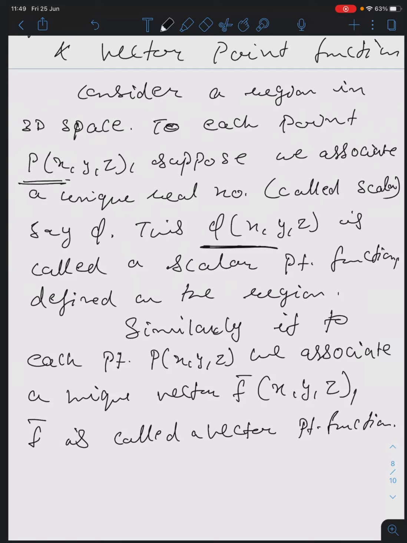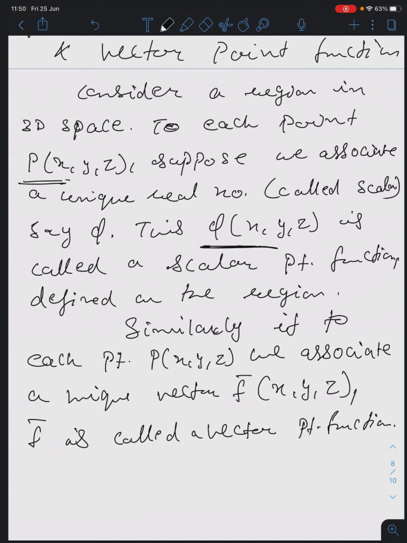In a magnetic field, at any point, there will be a magnetic force, and that is called a magnetic force field. Physics actually. So this is also an example of a vector point function.